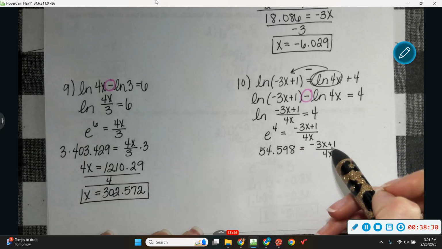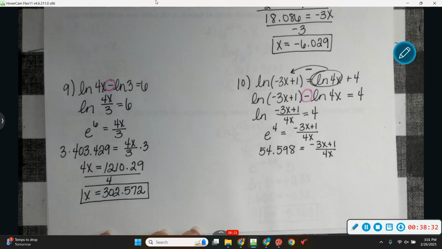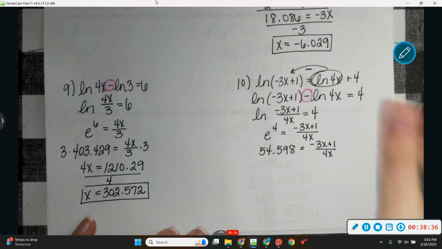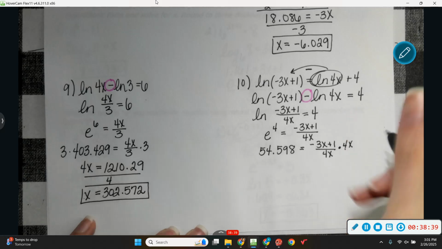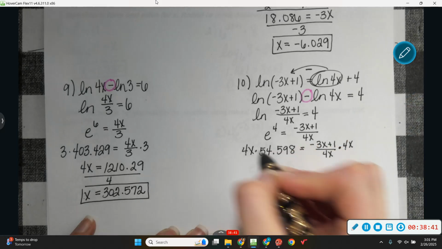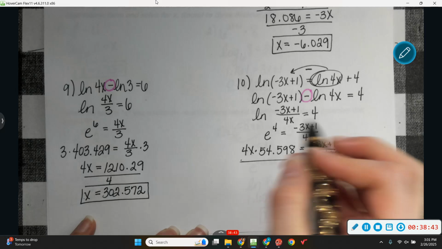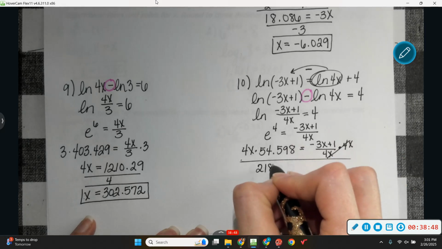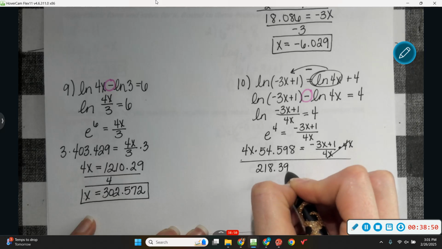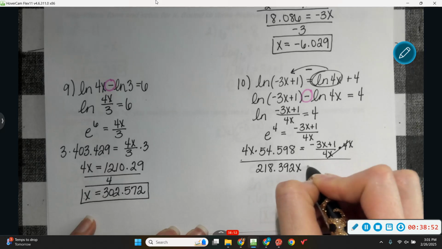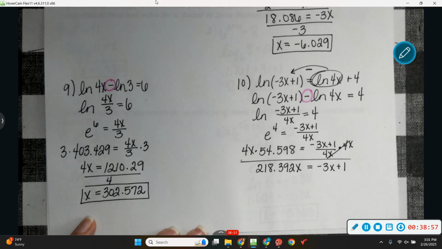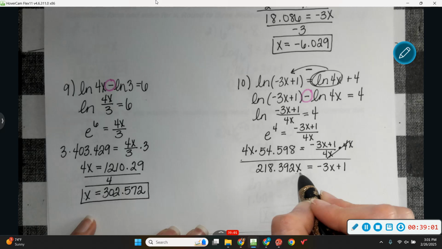Now when you go to solve this, you have an x in the numerator and x in the denominator. If you just had a 4, you would multiply both sides by 4. So I'm going to do the same step. I just multiply both sides by 4x. And so that's going to give me 218.392x equals negative 3x plus 1. Then you have an x on the left and an x on the right.